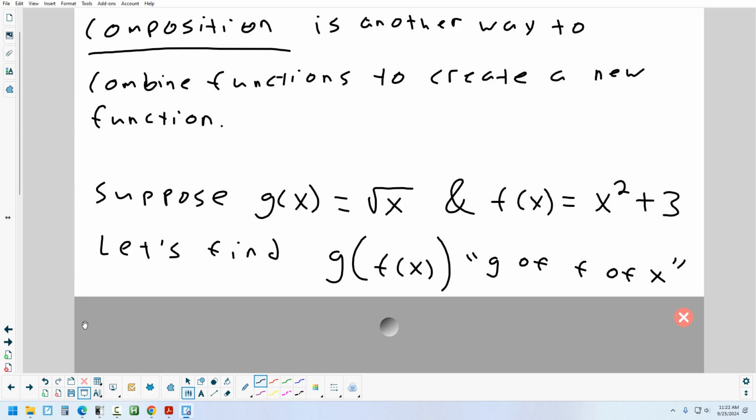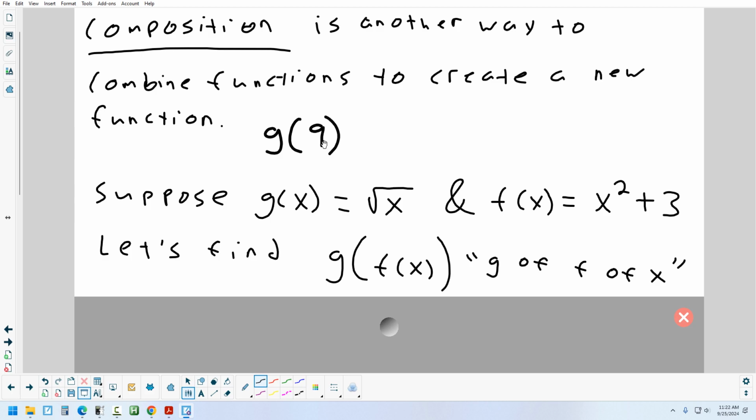Now, if I said to you, find G of 9. What does that mean to do with the number 9 and the function that's labeled G? We talked about how to evaluate yesterday.